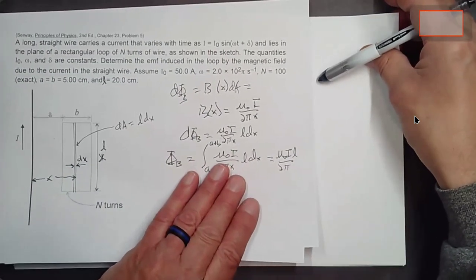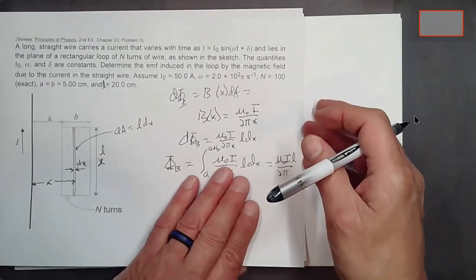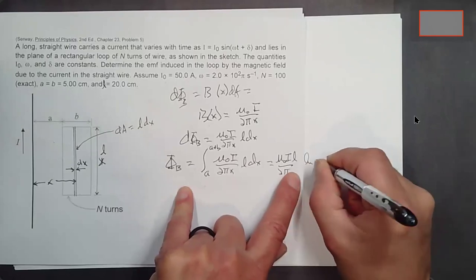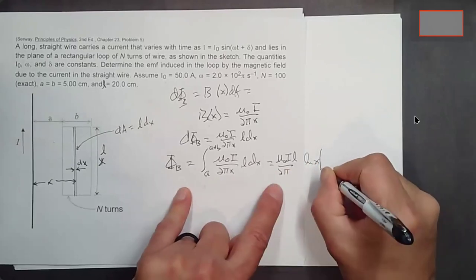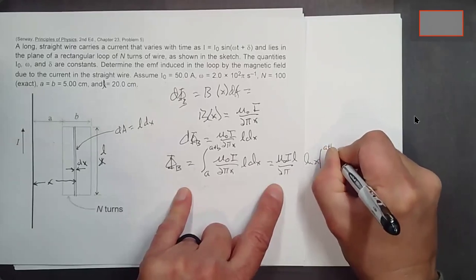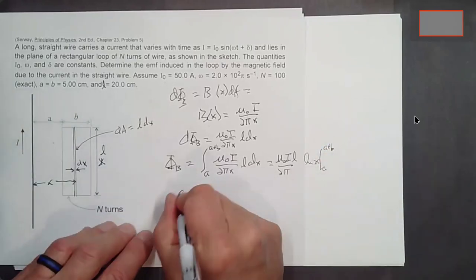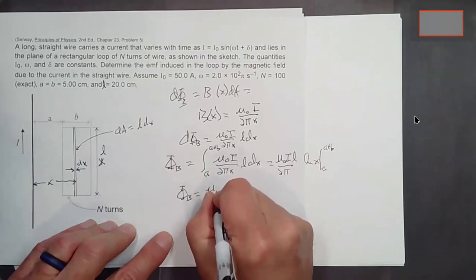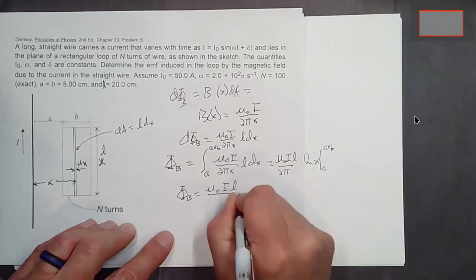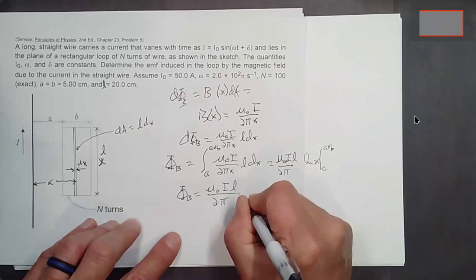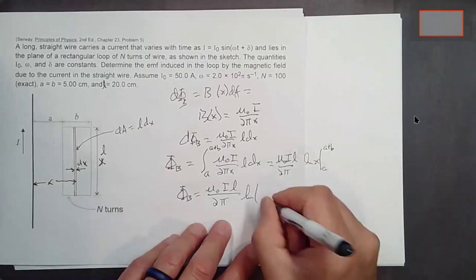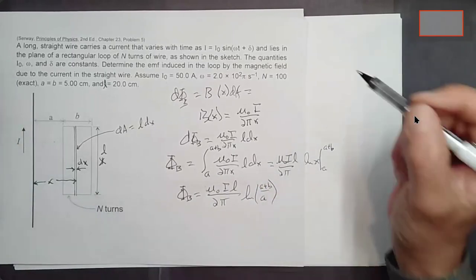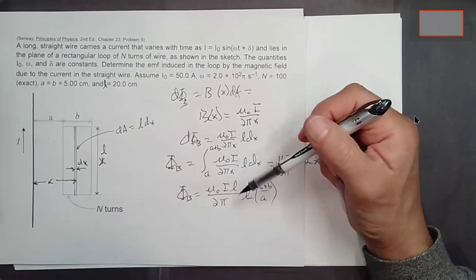And then what I'll have is the natural log of x evaluated at a and a plus b, which ends up equaling the flux of B: mu naught I L over 2 pi times the natural log of a plus b over a. Okay, so there's our flux of B.